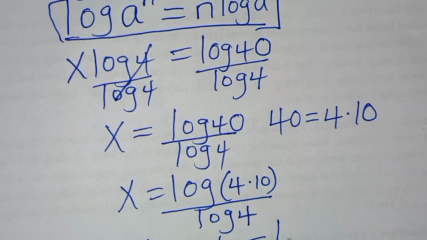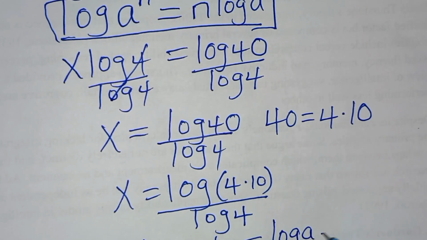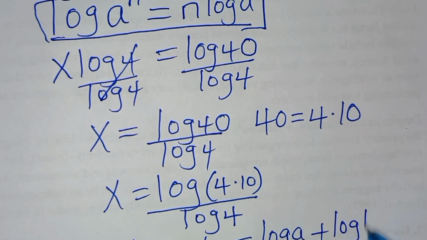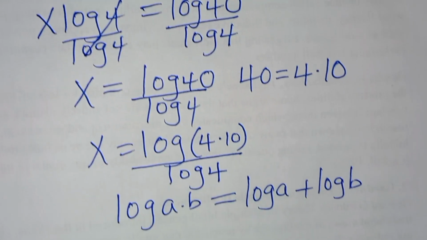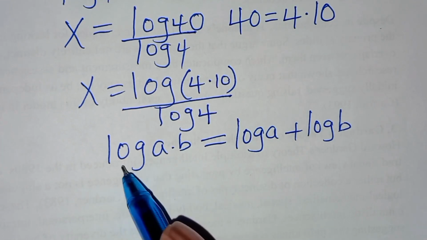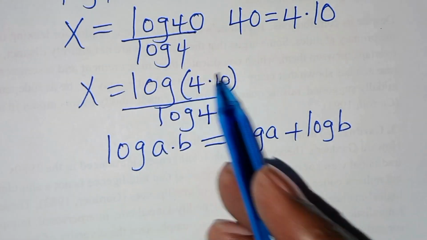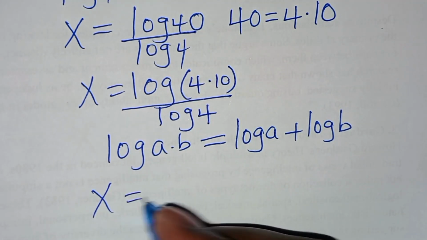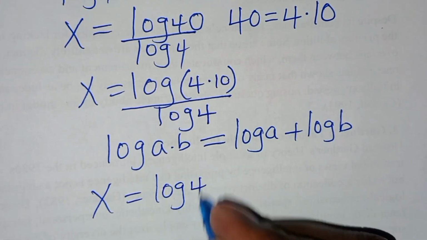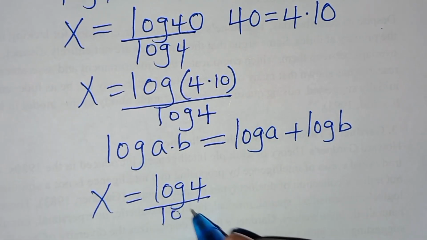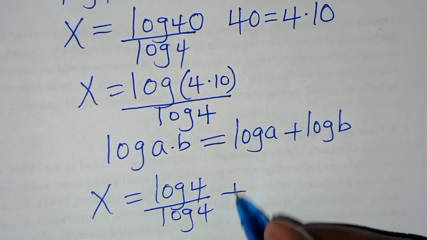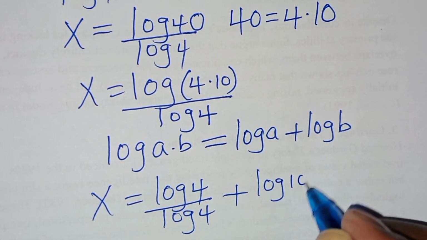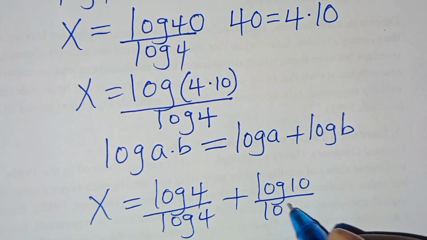This can be expressed as log a plus log b. Now, applying this logarithm property, then here we'll have x is equal to log 4 divided by log 4, then plus log 10 divided by log 4.